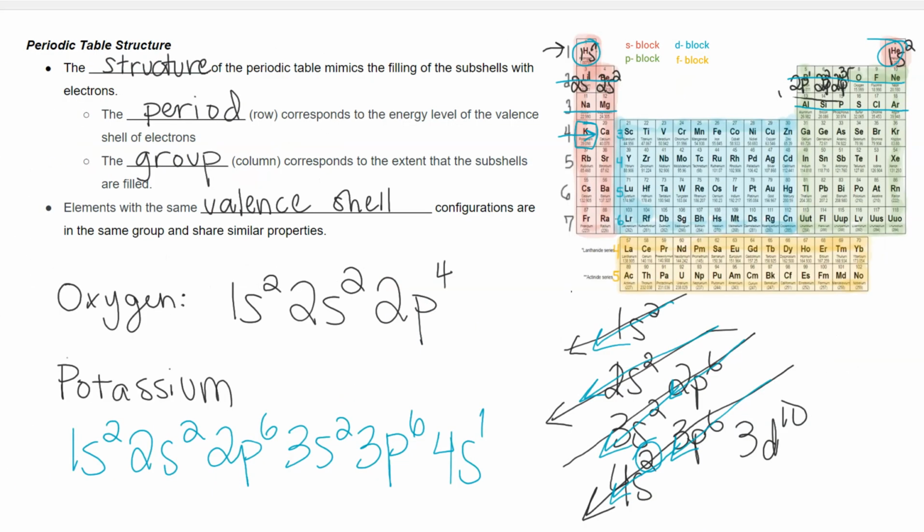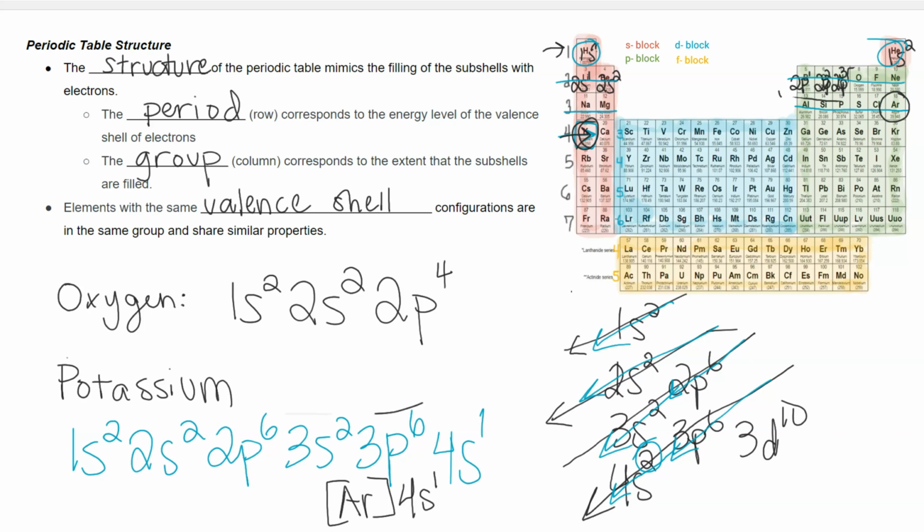We can shorten it by saying, okay, potassium's first 18 electrons are the exact same thing as argon. So we're going to summarize those first 18 electrons just by putting Ar in brackets. And then after argon, the piece that's left is the 4s1 part.